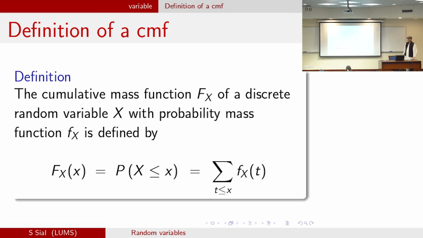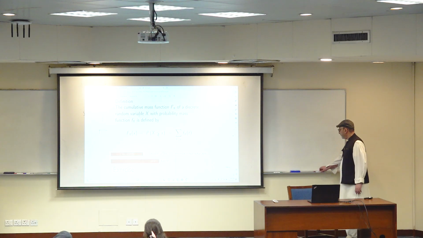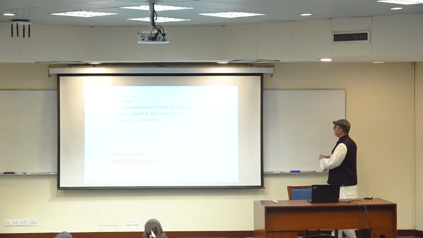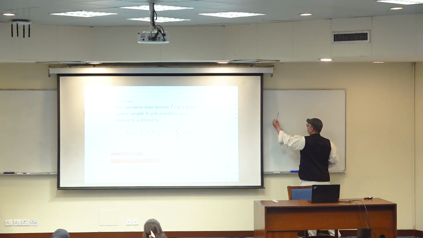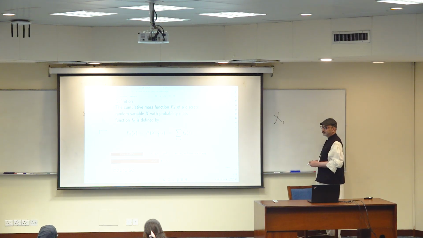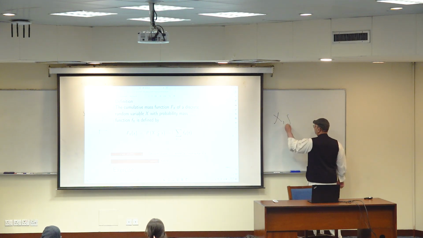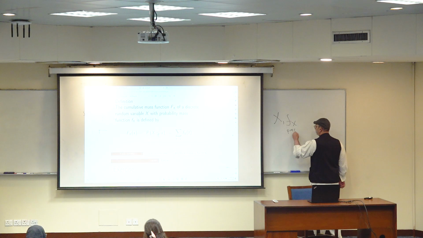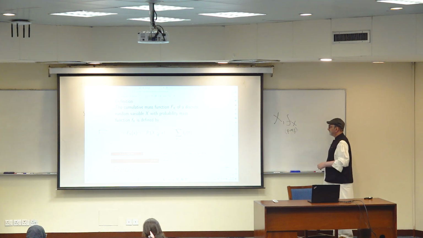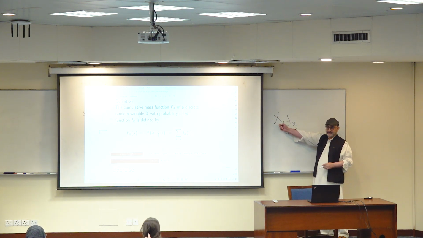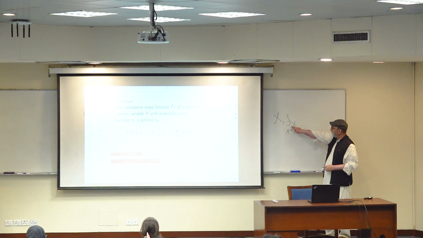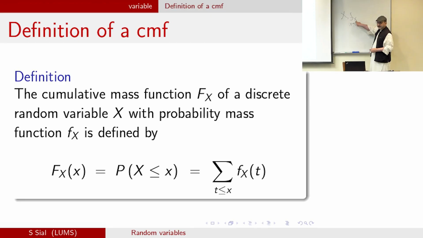All right? So we have the random variable capital X. There is an associated probability mass function for this random variable. And the notation we use is small f subscript the name of the random variable.